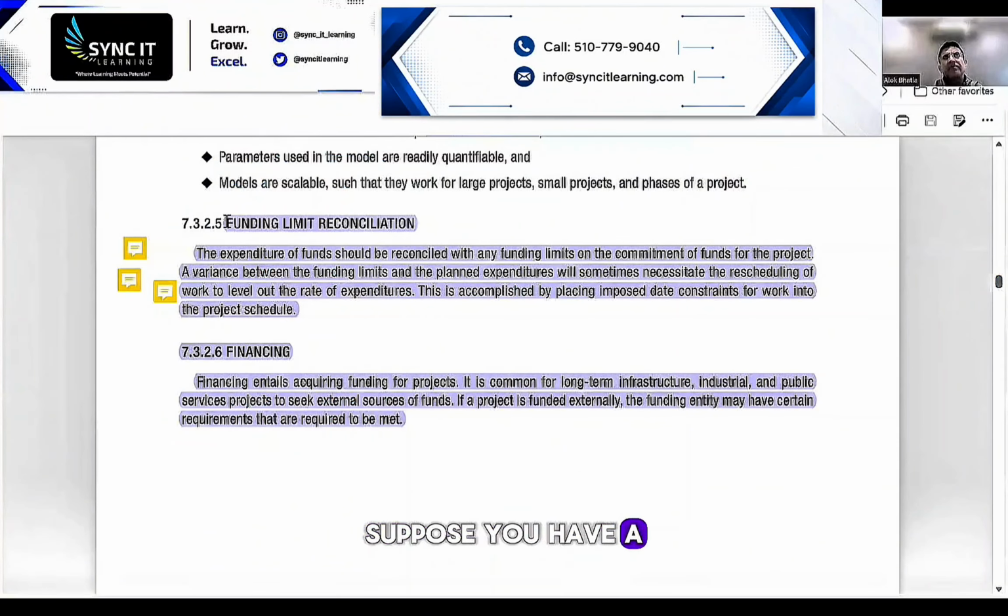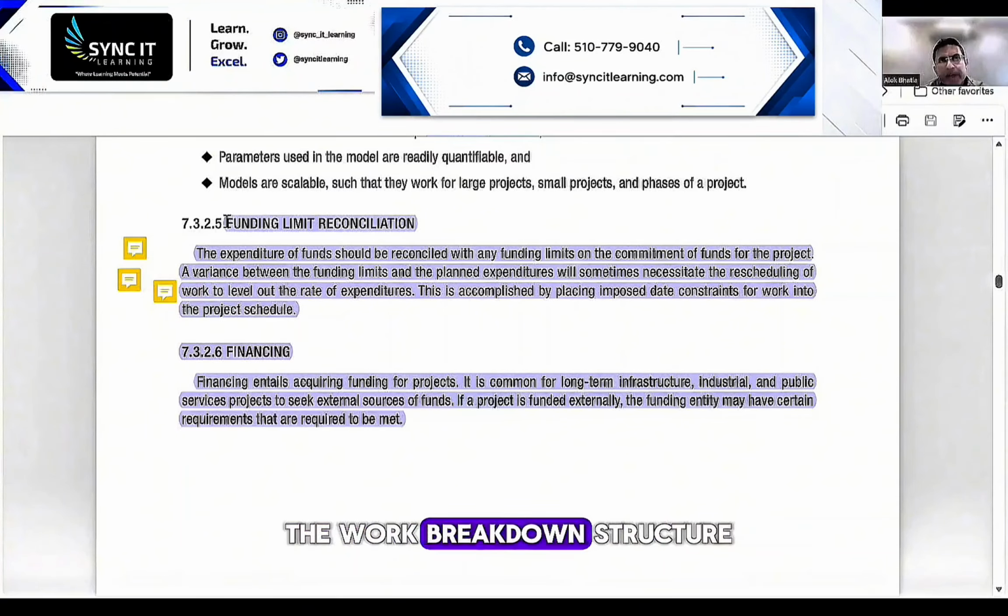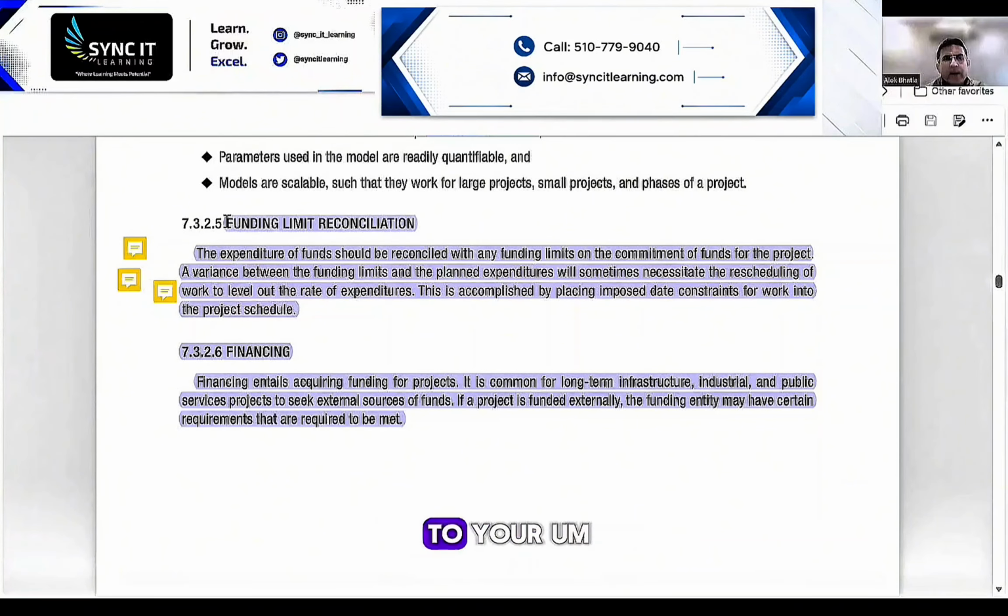Suppose you are the PM for a project, and you come up with a budget of $1 million. After doing all of this amazing work of coming up with a work breakdown structure, breaking it into activities, and figuring out the cost of each activity, you go back to your sponsor and say, this project will cost us $1 million over the next 10 months.